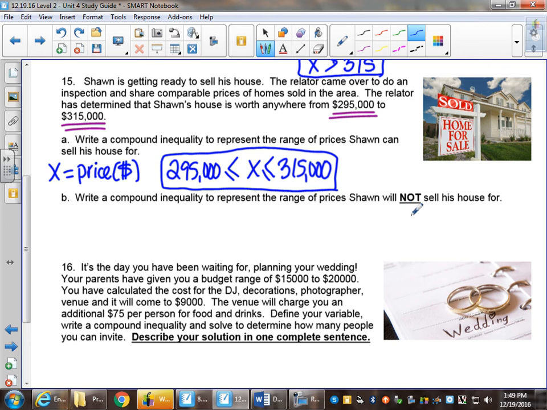Now part B asks, write a compound inequality to represent the range of prices Sean will not sell his house for. Strategy. Even though this did not ask you to graph it, I would literally just do a quick sketch so you visualize what this means.